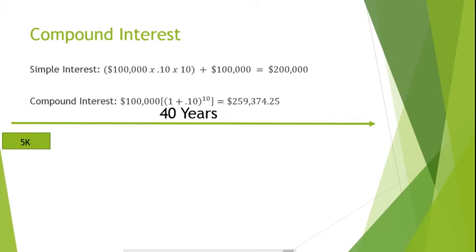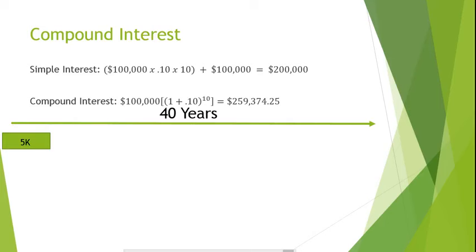This is $59,374.25 more in interest than if it were to have earned simple interest. That's a significant amount of money. This significance would only get bigger the longer this investment is held, since investments that earn compound interest grow exponentially.